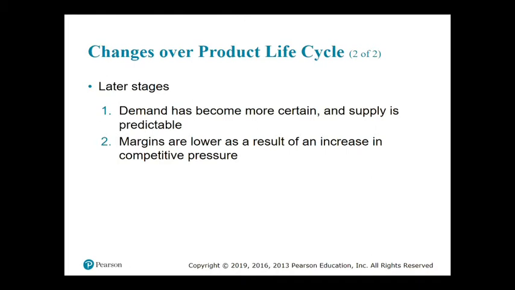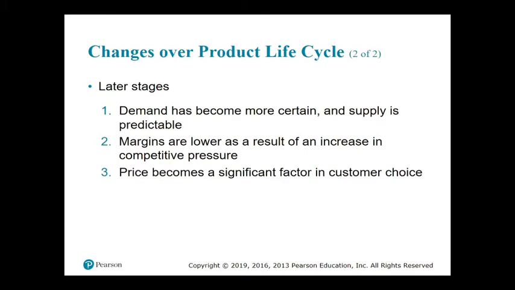So then the profit margin will decrease. And as a result of the competition, price is now a significant concern for customer choice. So in this case, the implied uncertainty is low, so we want an efficient supply chain.